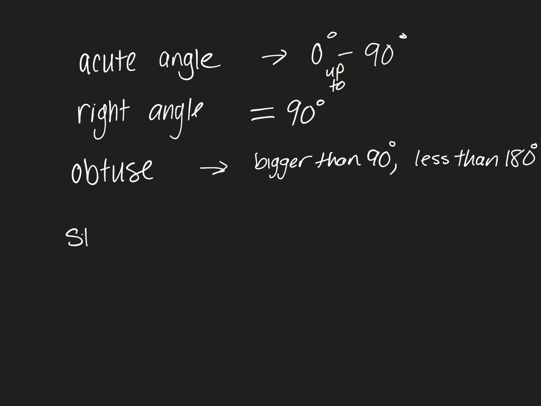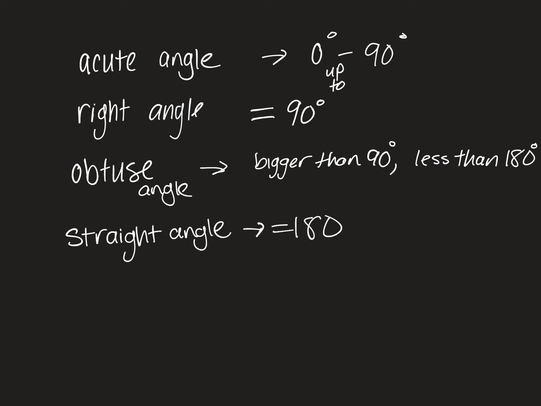A straight angle is what? 180. And a reflex angle is bigger than 180 and less than what? 360. Good.